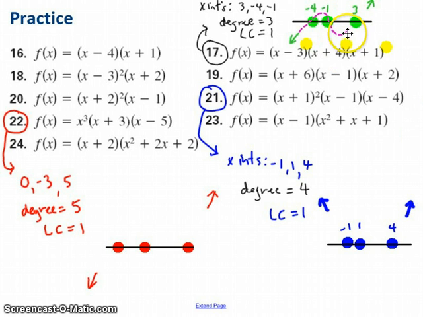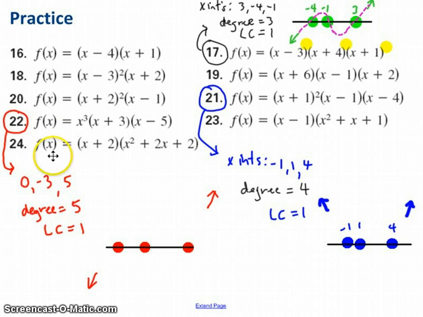And again, you know that you're going to go through 3 because the degree on this factor right here is an odd number, 1. So you go through that, and then you've finished. You've reached the end. There isn't any other place that you have to get to once you've gone through here except the far right side, the far right arrow.